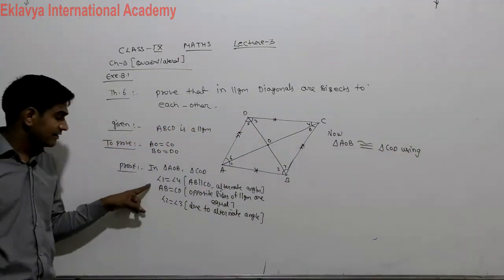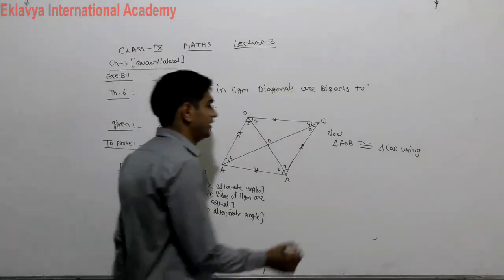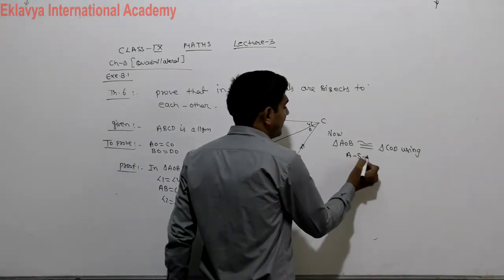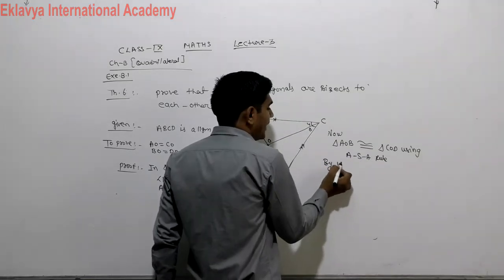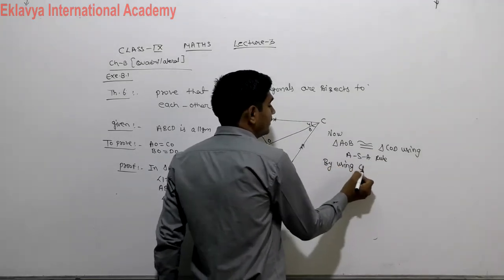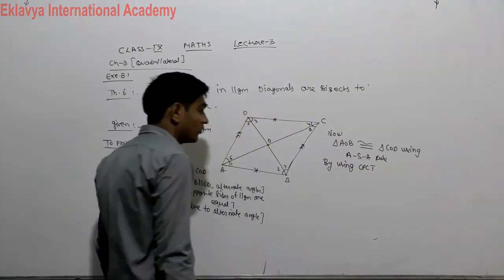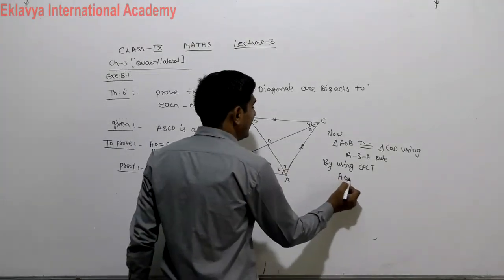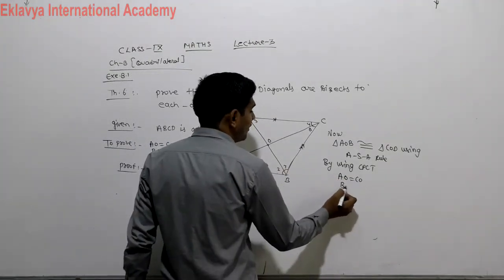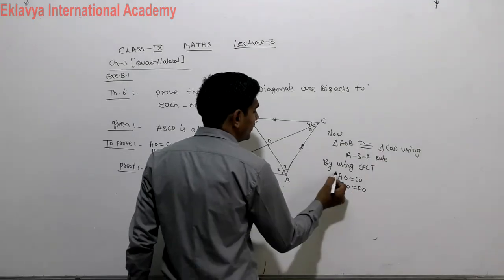Angle side angle. So using the angle side angle rule, now by using CPCT, corresponding parts of congruent triangles, what are you observing? AO is equal to CO and BO is equal to DO.